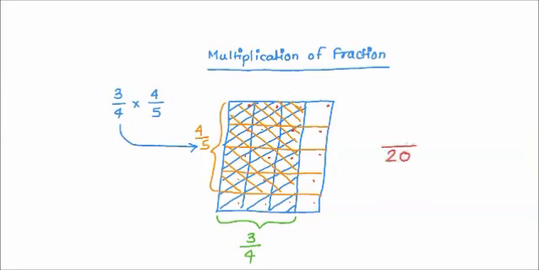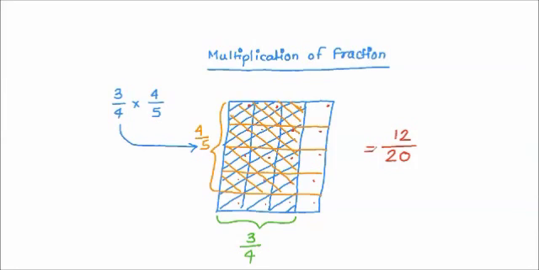If I have made 20 parts of the whole, how many parts are colored by both the colors, that is blue and orange? 1, 2, 3, 4, 5, 6, 7, 8, 9, 10, 11, 12. 12 of them are colored by both. So the answer of my multiplication, 3 upon 4 multiplied by 4 upon 5, is equal to 12 upon 20.